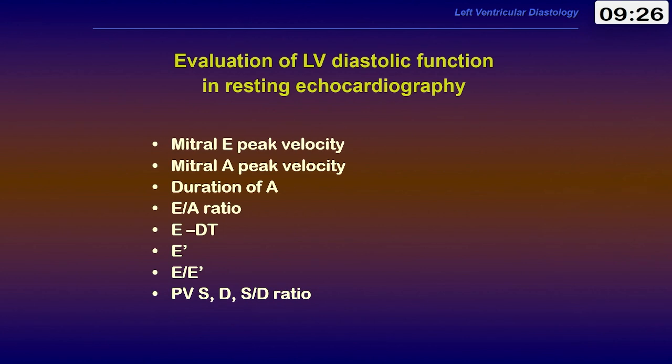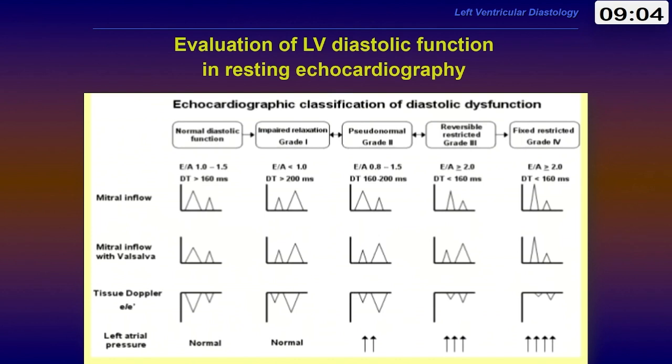You must know that we don't have 2 annuli. It's just 1 annulus, but you have a medial side and a lateral side. You can also assess the E over E prime and the pulmonary venous waves, which are the systolic and diastolic velocities and the S over D ratio. This is your routine investigation for diastolic function by routine 2-dimensional echo.